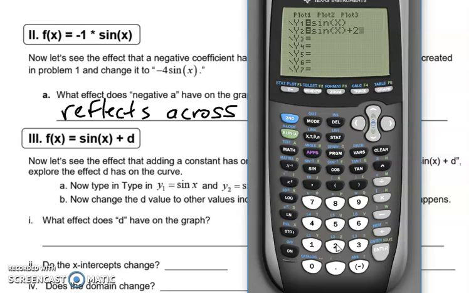We'll hit graph. And what do we notice? The entire graph did what? It moved up 2.